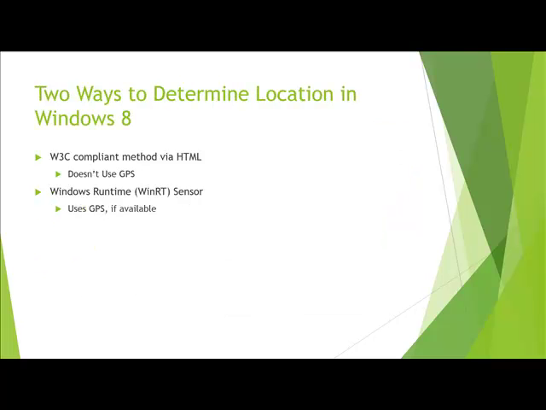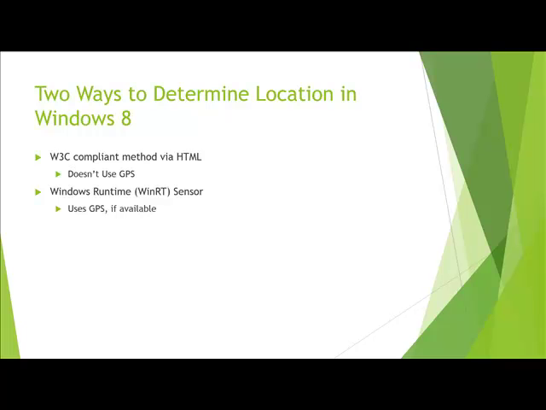There are two ways to determine location in Windows 8. The first is the W3C compliant method that you typically find in HTML. If you use the code that will work just fine on the browser, it will also work in a Windows 8 application written in JavaScript.